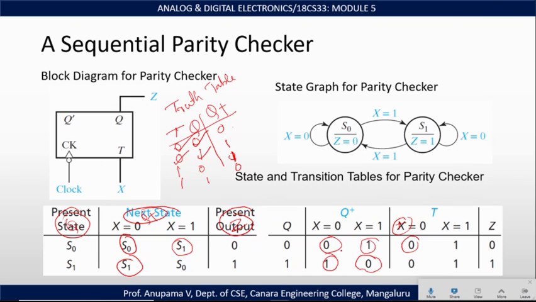Similarly, Q is equal to 0, x is equal to 1, output will be 1. When Q is equal to 1 and x is equal to 1, output will be 1. So this is the state transition table for the sequential parity checker.